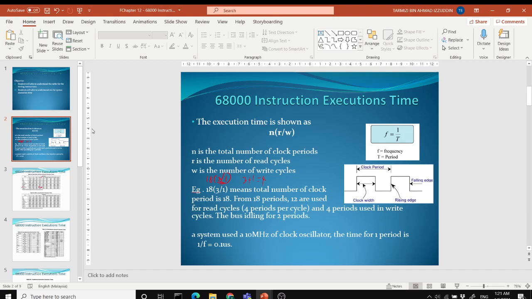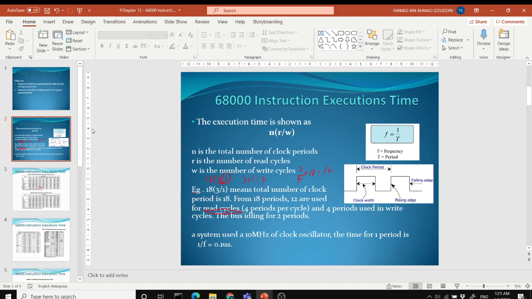So 3 out of 4 from this 18 clock period is used to read from your data bus for the read cycle. So 3 out of 4 from 18, you have 12. Correct. And then the remaining 4 periods are used for your write cycle.